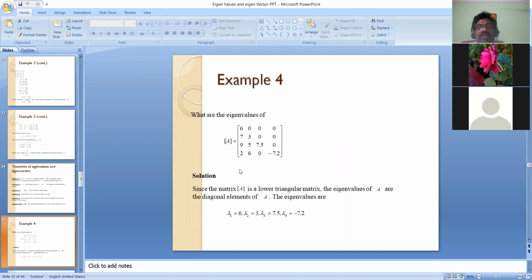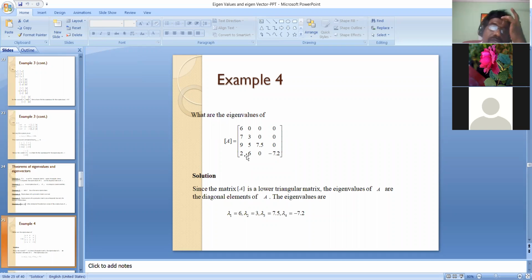Sir, 4 by 4 matrix, sir. 4 by 4 matrix, then? Upper lower triangular matrix, sir. All the entries above the principal diagonal are zeros, sir. That's why this matrix is called lower triangular matrix, sir. Lower triangular matrix.